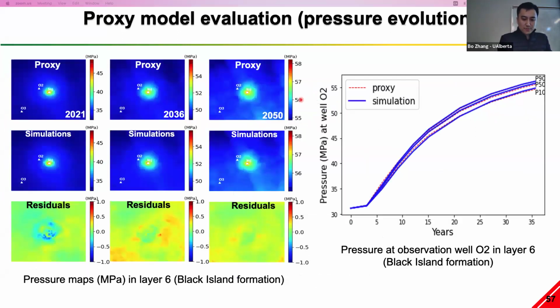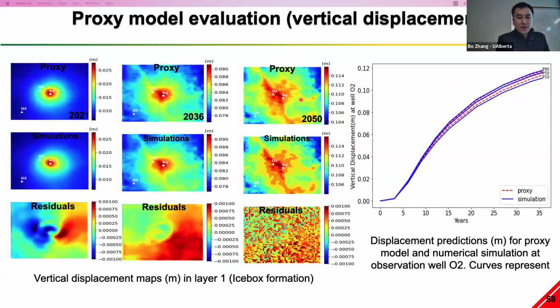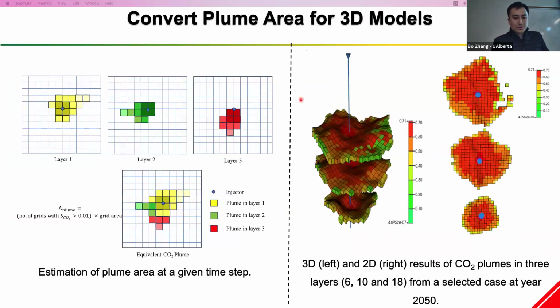As we can see here, the variation won't be too big because we only consider the spatial variability. And that's the same case for vertical displacement. We probably need to dig deeper into the geomechanical variations because right now, the input for the proxy models is only permeability variations. We didn't consider the variation of geomechanical properties and also the structural uncertainties.